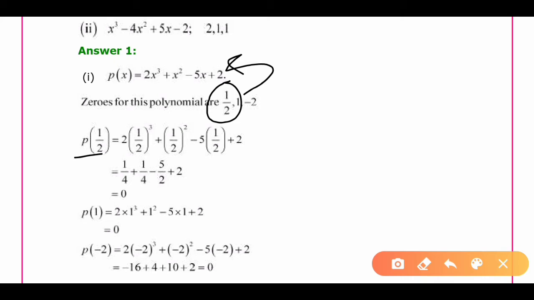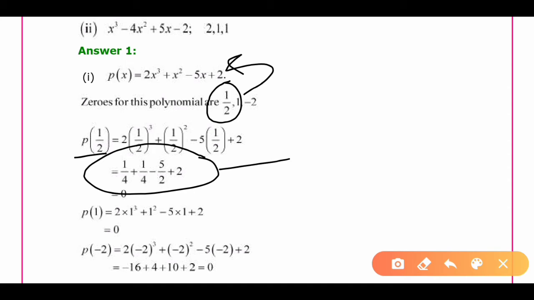So you can see here p of half is equal to 2 into 1 by 2 cube plus 1 by 2 square minus 5 into 1 by 2 plus 2. Now we'll get p of half is equal to 1 by 4 plus 1 by 4 minus 5 by 2 plus 2.